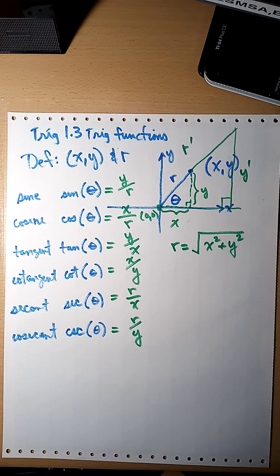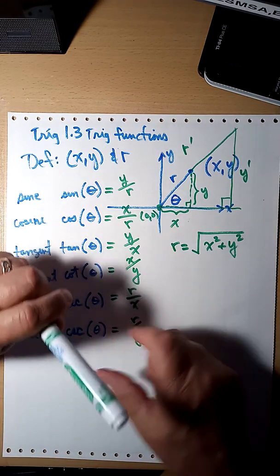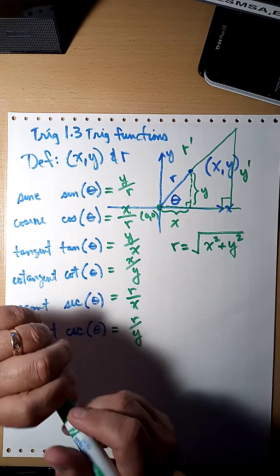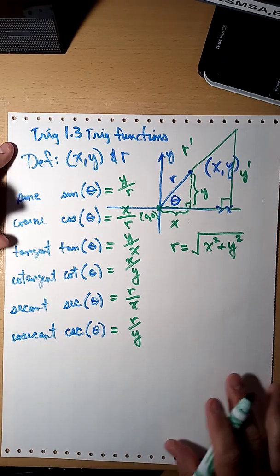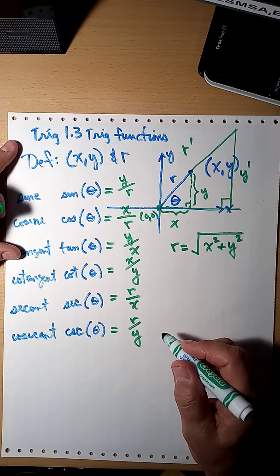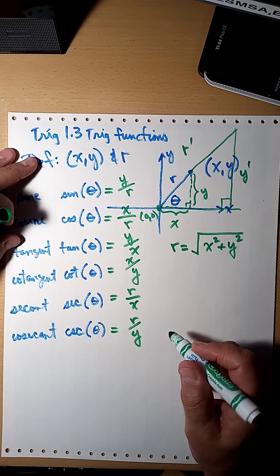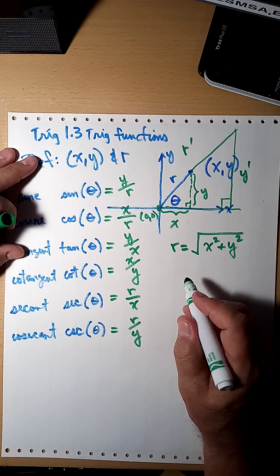So all we really need is the point in the plane. Then we can find r, and we can use that to help us find theta in different ways. Drawing a picture is going to be important almost all the time, so almost always draw a picture. It's points for your work shown anyway.